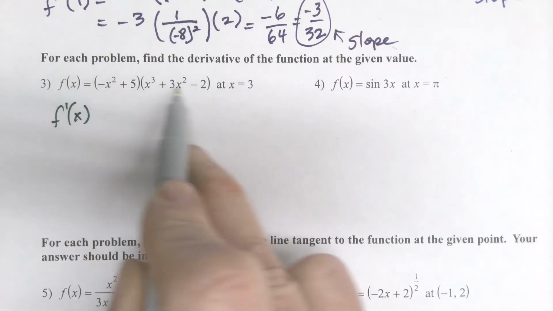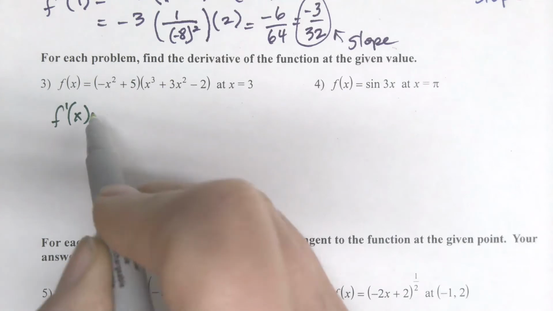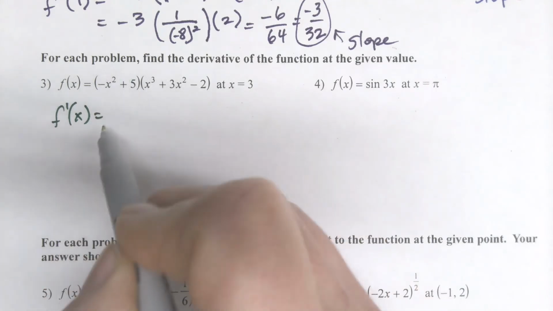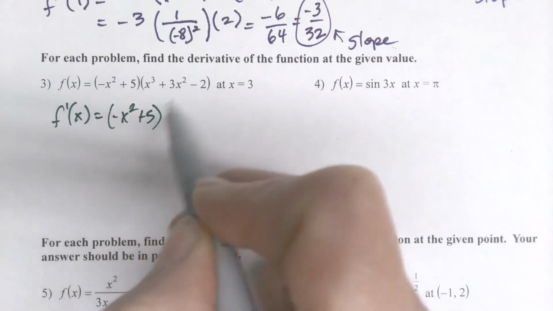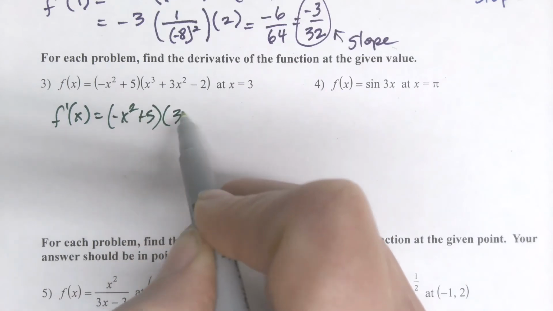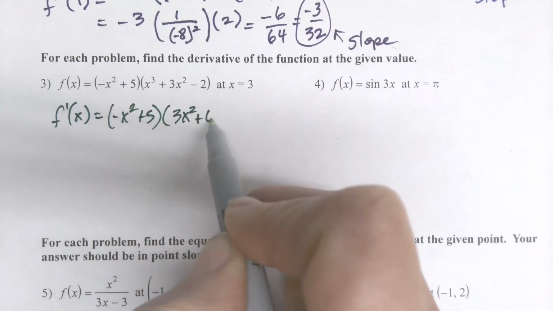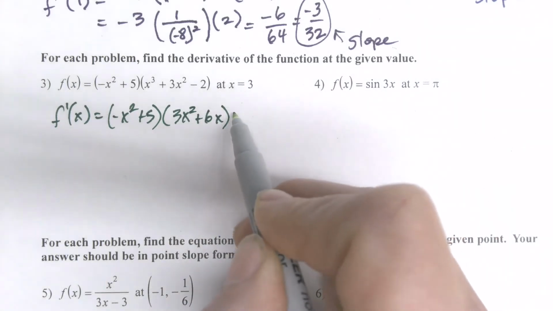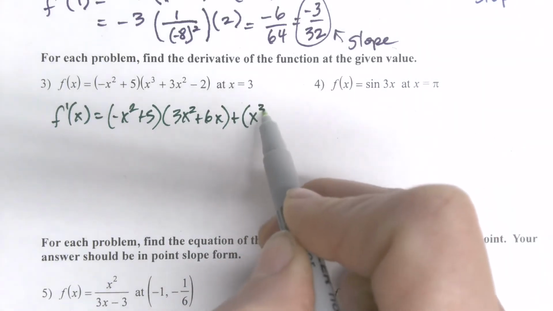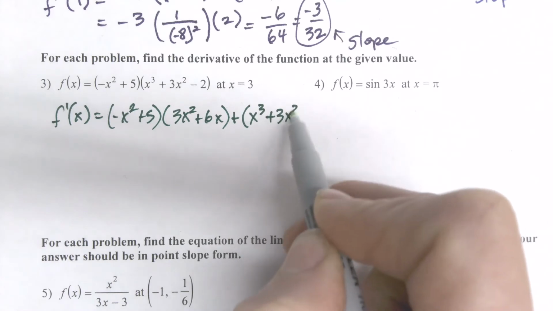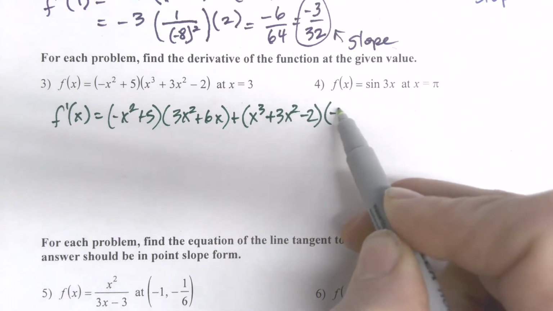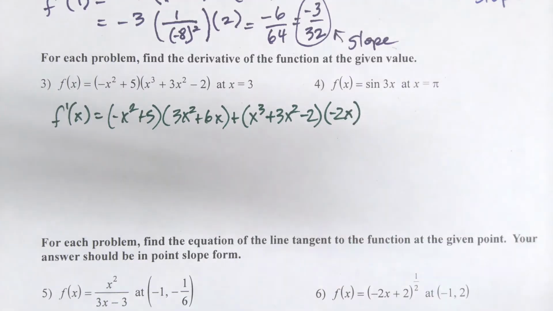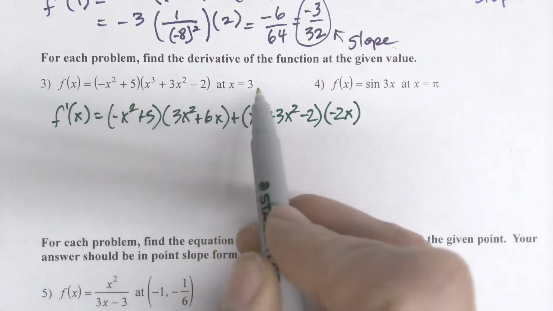I know that this is a product, so I'm going to have to use the product rule. I will do the first times the derivative of the second plus the second times the derivative of the first. And then they're asking me at x equals 3.